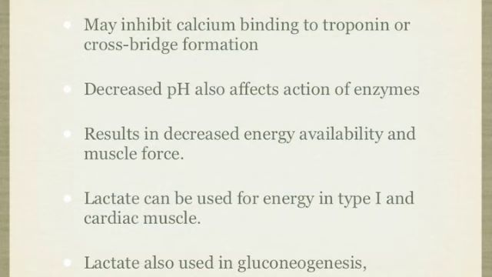It also may affect calcium binding with the troponin or cross bridges forming. The acidic environment can also affect the action of the enzymes involved in glycolysis. And when we have a cessation of glycolysis, there's decreased energy or ATP production for muscular contraction.